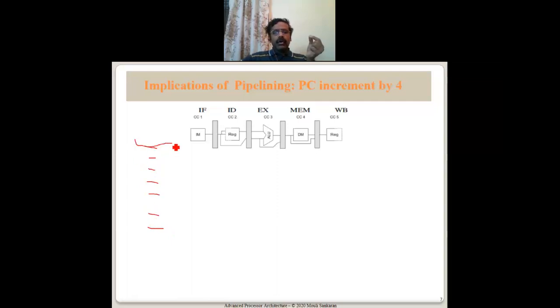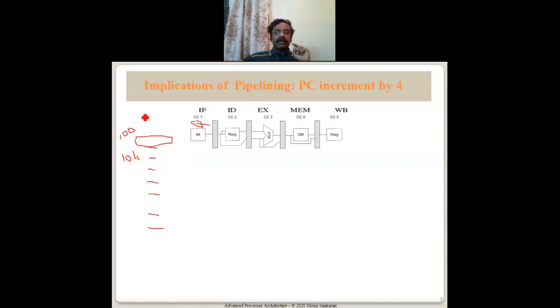Now we should know how many bytes an instruction occupies. I told you 4 bytes. In that case, if this is the address of one instruction which has come in, the next instruction will be at 104. That means I need to increment the address that I send to the instruction memory by 4.